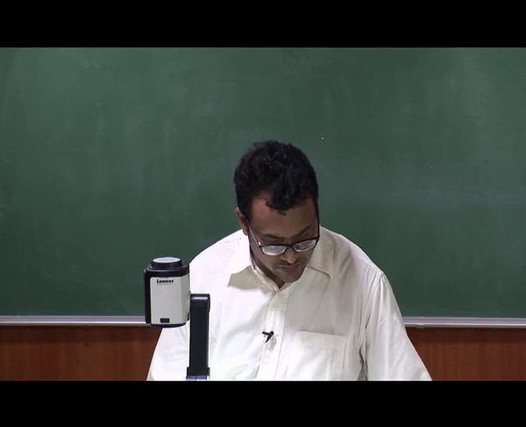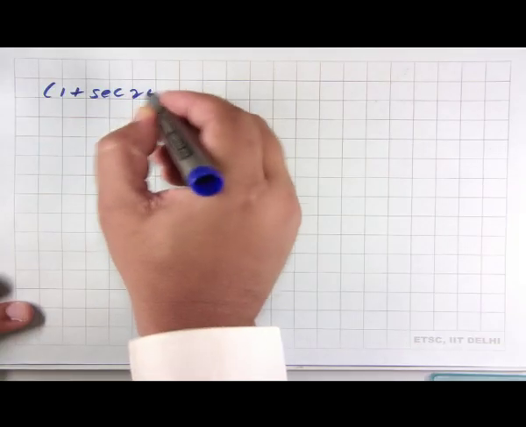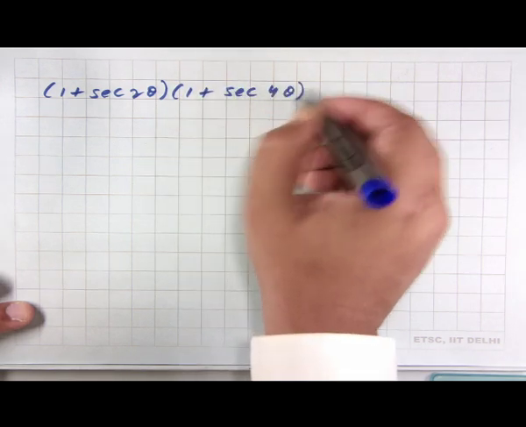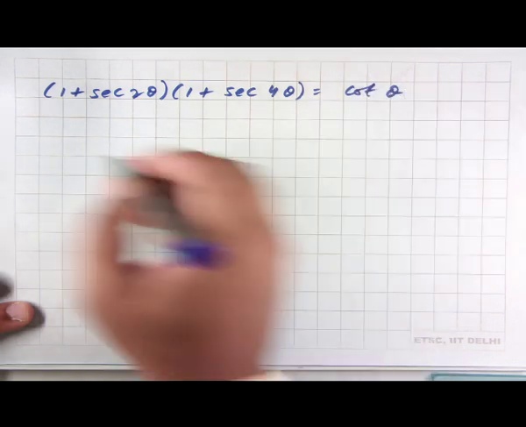So, the final solution to the problem 1 plus sec theta into 1 plus sec 4 theta equal to cot theta.